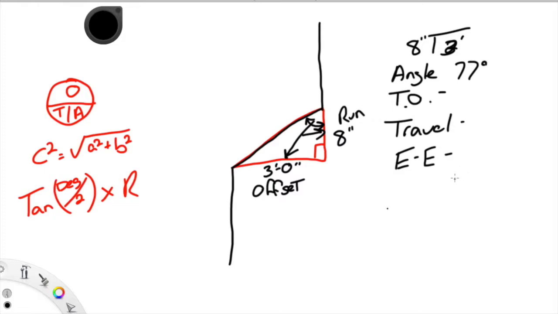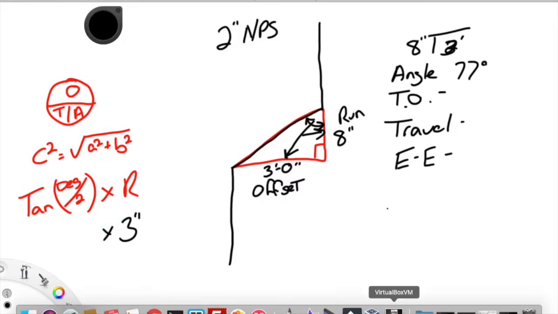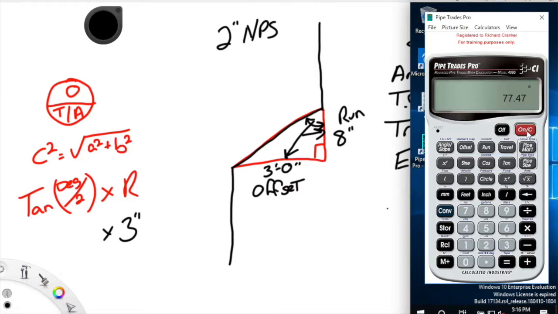Alright, so to get our takeoff, like before, tangent of half the degree times the radius. We'll just keep it at 2-inch nominal pipe size. So our radius is 3 inches. Tangent of half the degree. We got 77 degrees. Divide that by 2. And the tangent of that is 0.795.